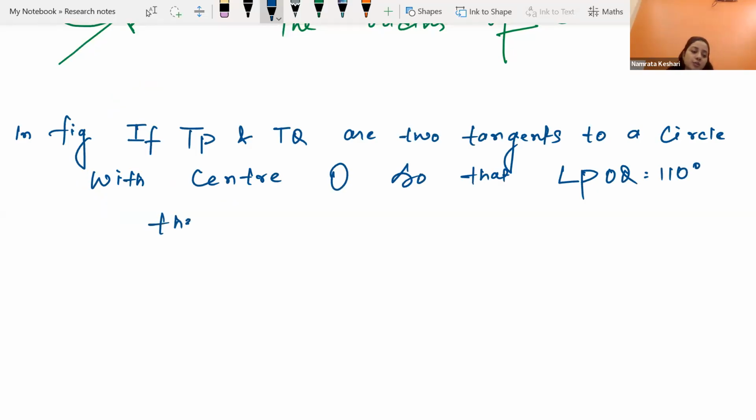Then we have to find what will be the measurement of angle PTQ. Okay, PTQ is equal to what?